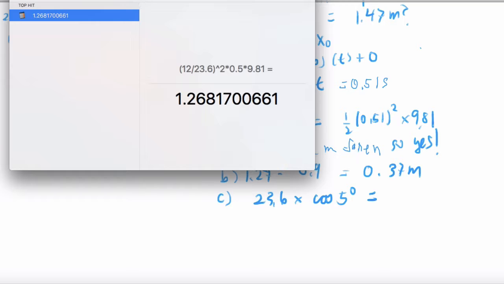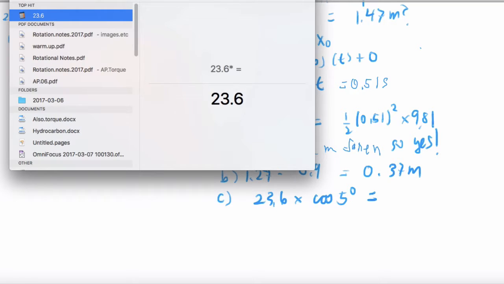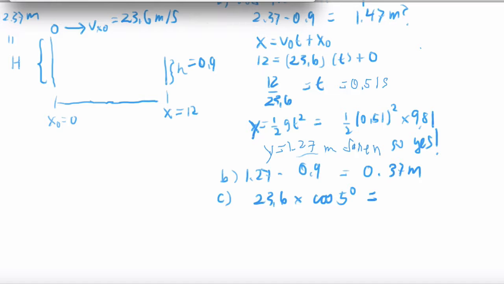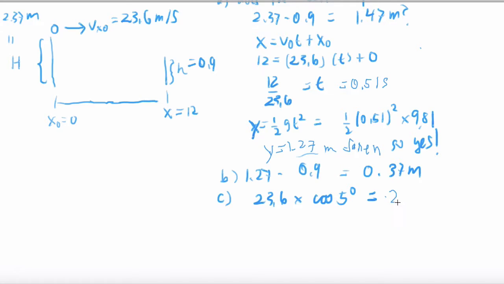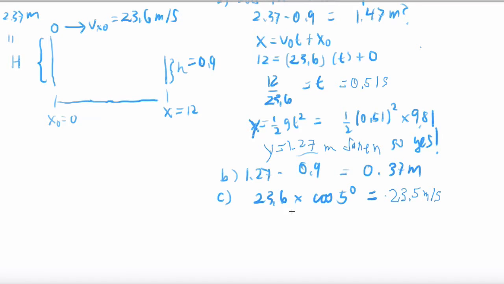So 23.6 times the cosine of 5 times pi over 180 on the Mac. So we're going at a speed of about 23.5 meters per second. And so the time to cross might actually be a little bit more.